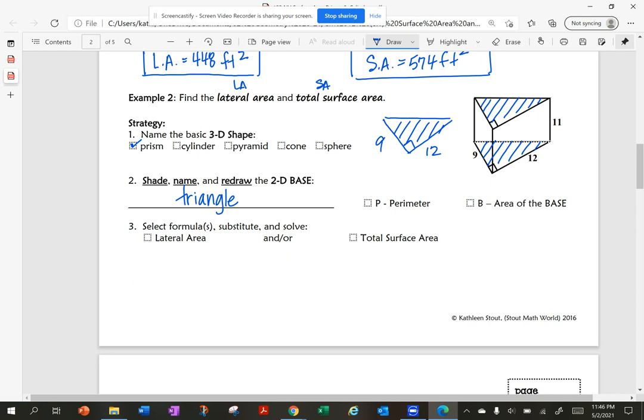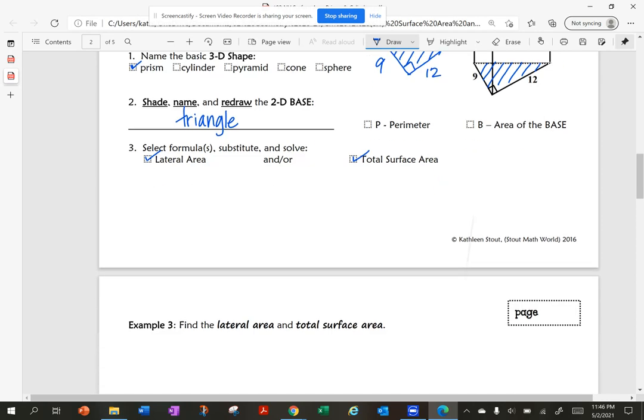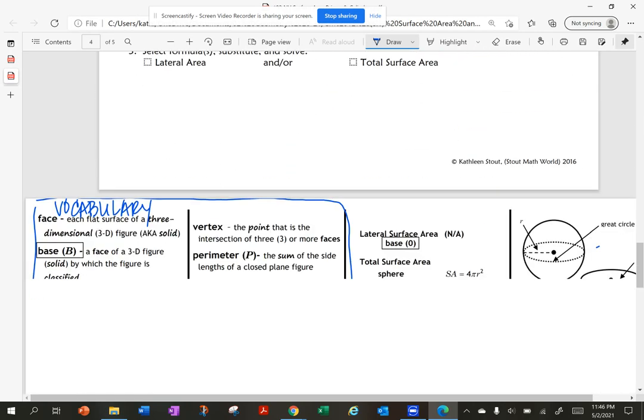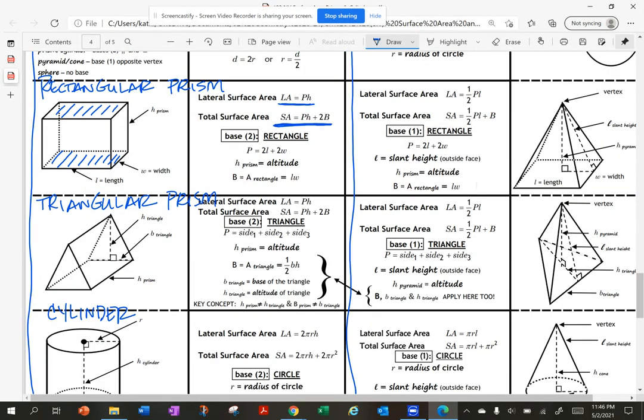I'm looking for my lateral area and my total surface area. This is a triangular prism. So what is the formula for a triangular prism? For a triangular prism, the lateral area is P times H, and the total surface area is P times H plus 2B. For all prisms, it's the same formula.